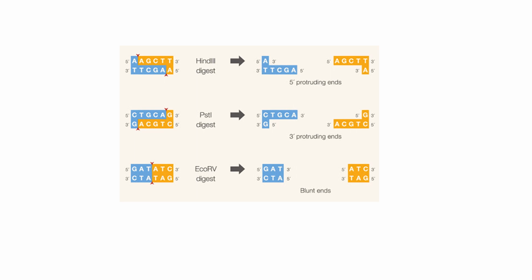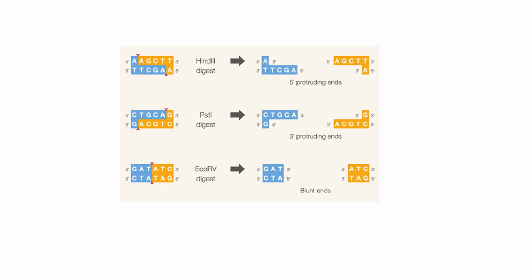This is the intact DNA, marked by the cut site. Here in figures 1 and 2, you see the cut site is asymmetric, not in symmetry. In figure 3, the cut site is in symmetry. When we allow Hind 3 to digest this DNA, it will produce a 5 prime protruding end.